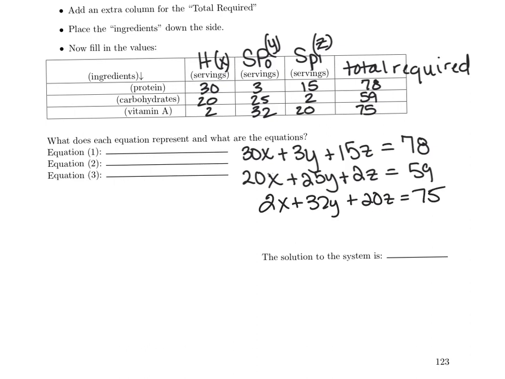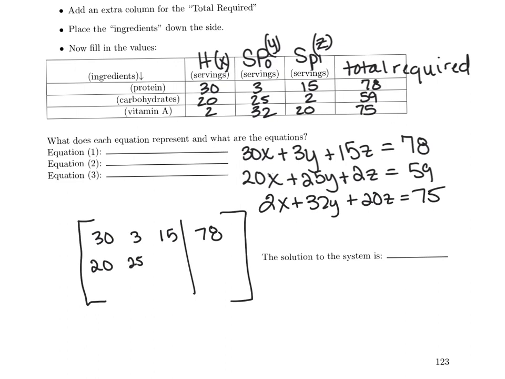So now you can pick whatever method you want to use. I am assuming that you're using the calculators and doing the matrix operations. So I'll help you set up your matrix. 30, 3, 15, 78, 20, 25, 2, 59, 2, 32, 20, and 75.